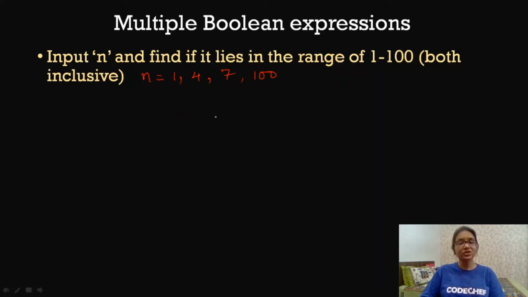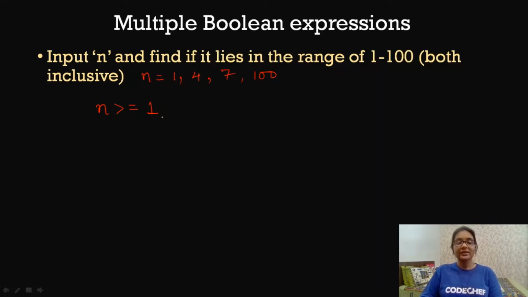Now how do we check that? For that, we will need two Boolean expressions. The first Boolean expression will be that n should be greater than or equal to 1. This is the first Boolean expression that we will have to consider, which will have to be true in order to find out whether it lies in the range of 1 to 100 or not.